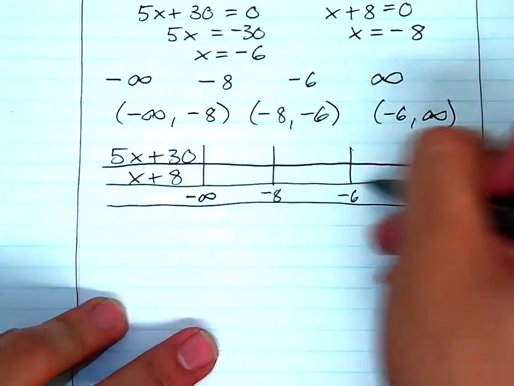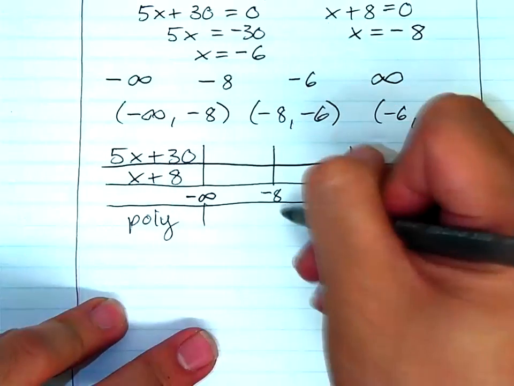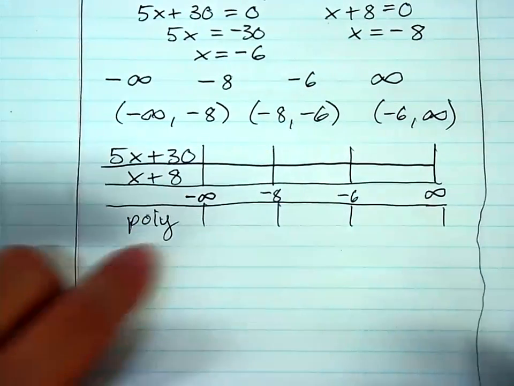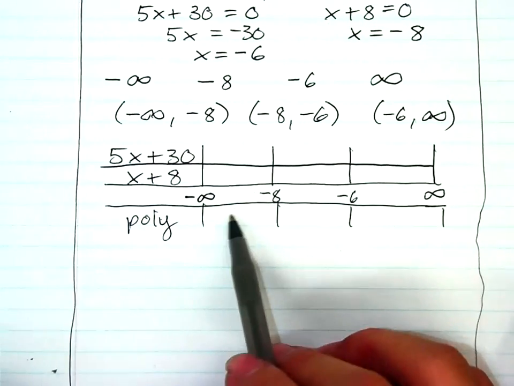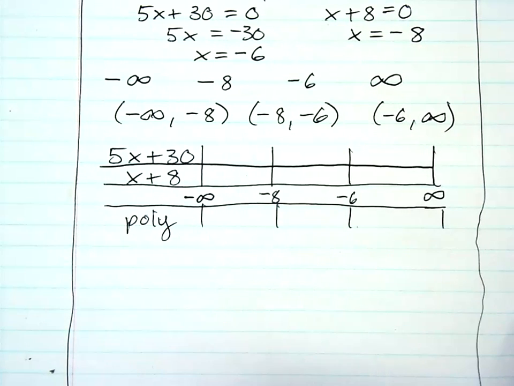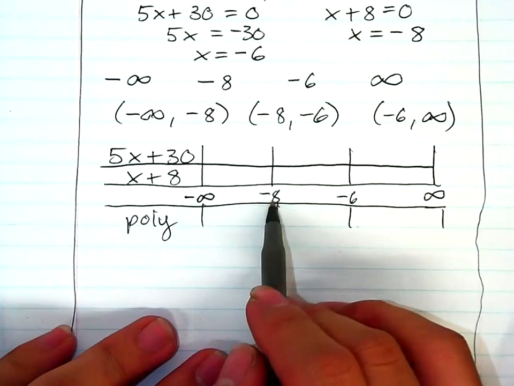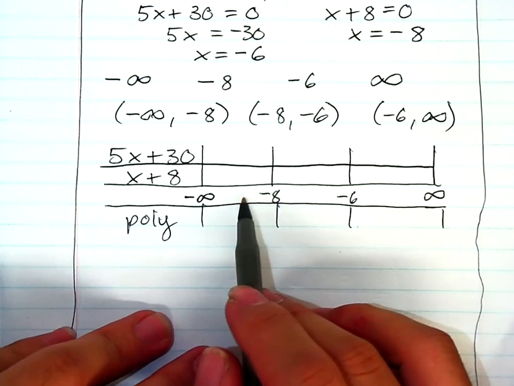And then our polynomial, we're going to divide, basically the same thing as multiplying. And whatever values we get here, we'll divide them to see what values we get, so whether they're positive or whether they're negative.